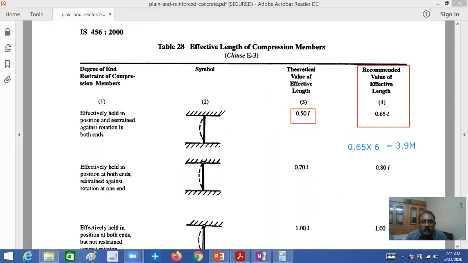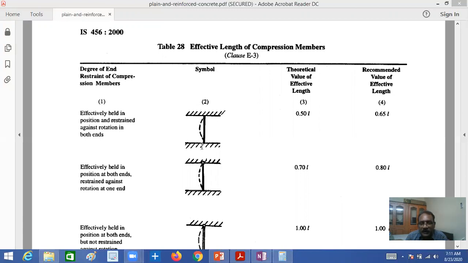Now you must remember these important conditions. First one: effectively held in position and restrained against rotation at both ends, that is fixed ends.